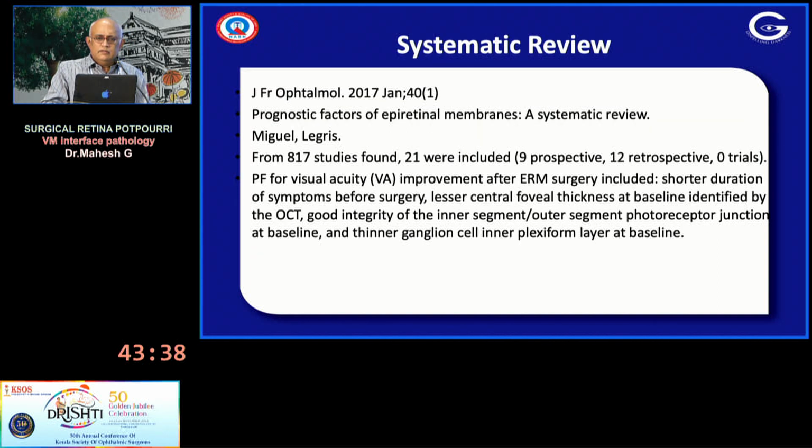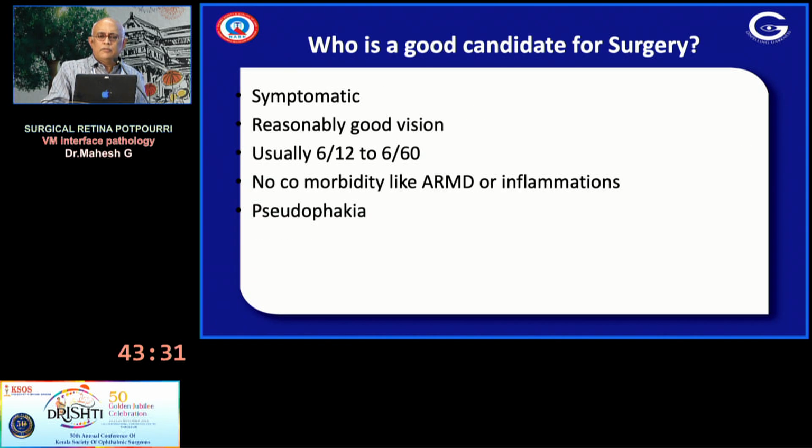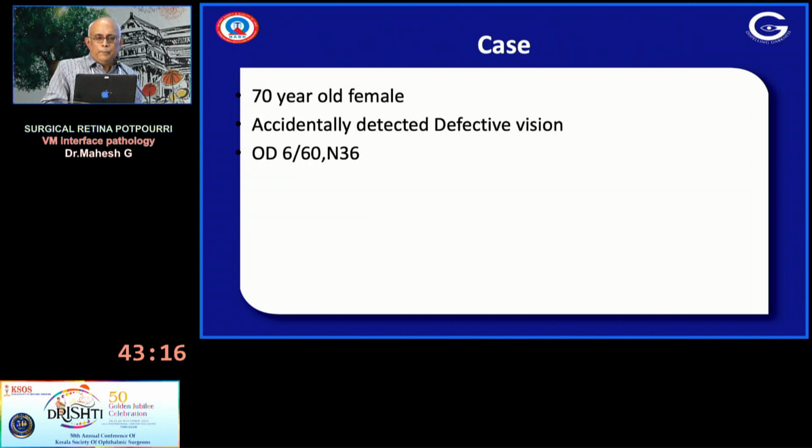They have studied a few systematic reviews, and in ERM, it is extremely important to communicate with the patient. Who is a good candidate for surgery? Symptomatic patient, reasonably good vision, 2 meter, 3 meter. Very chronic and gross distortion of the macula are not very good candidates because they will never be happy.